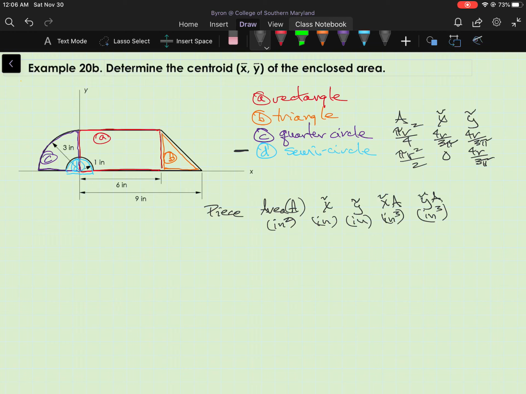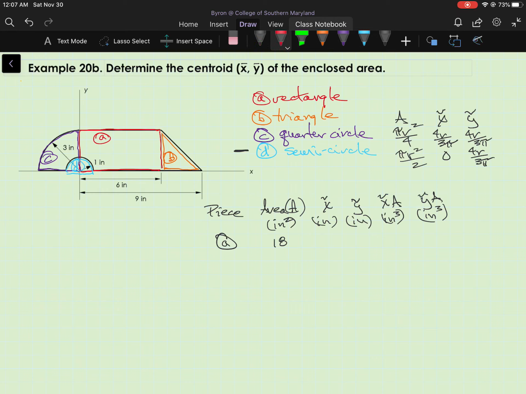Okay, so for piece A, that's the rectangle. The area of a rectangle is height times width. So the rectangle A is going to be 18. X tilde, now you need to be a little careful with these.